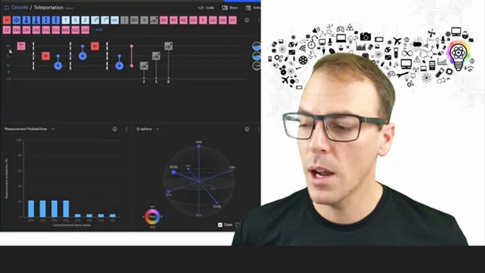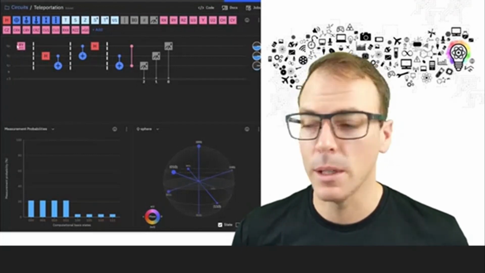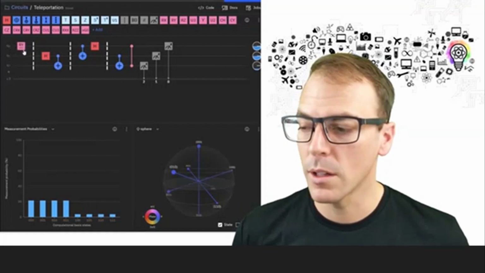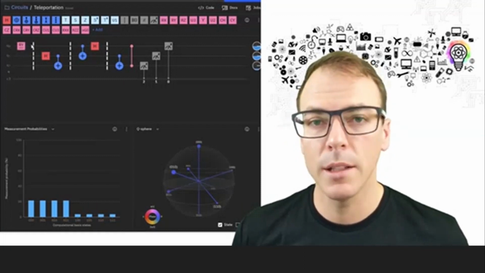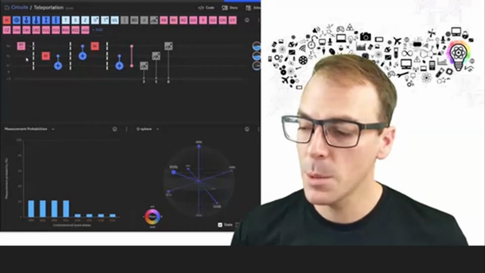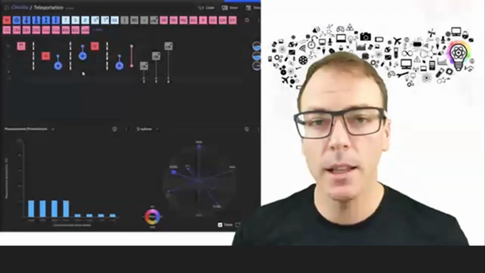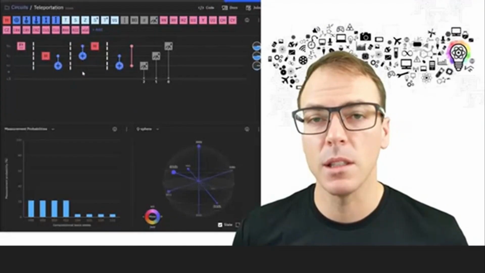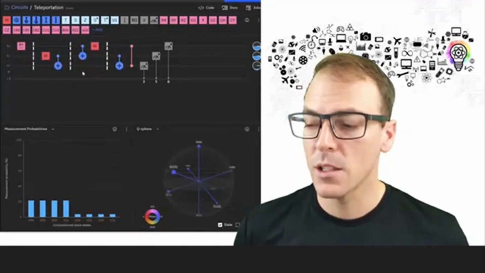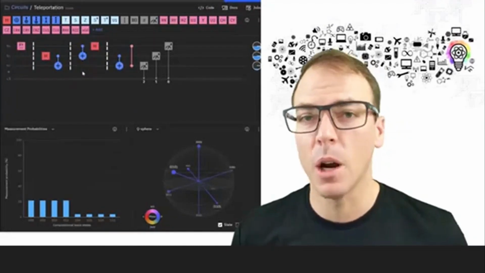At each point in time, the state of the qubit changes according to what gates are applied to it. So at each point in time, there's a new state, and in reality, there's a continuously changing state. And so this is potentially a very difficult problem.